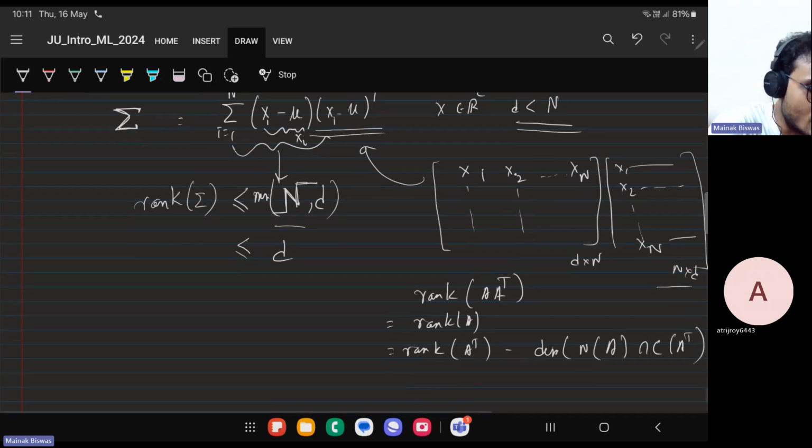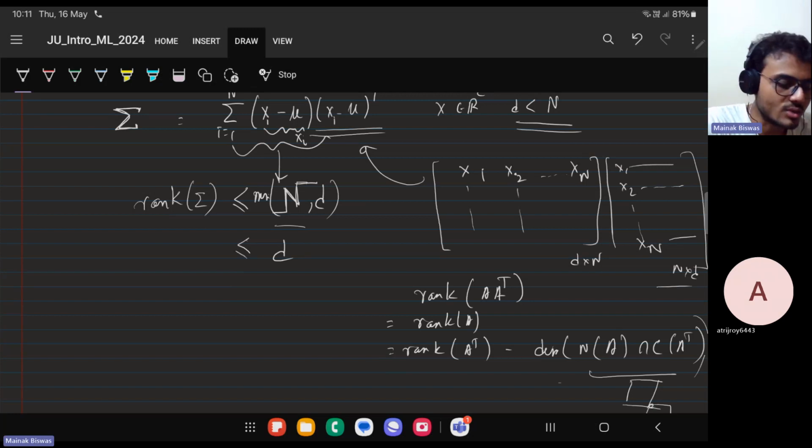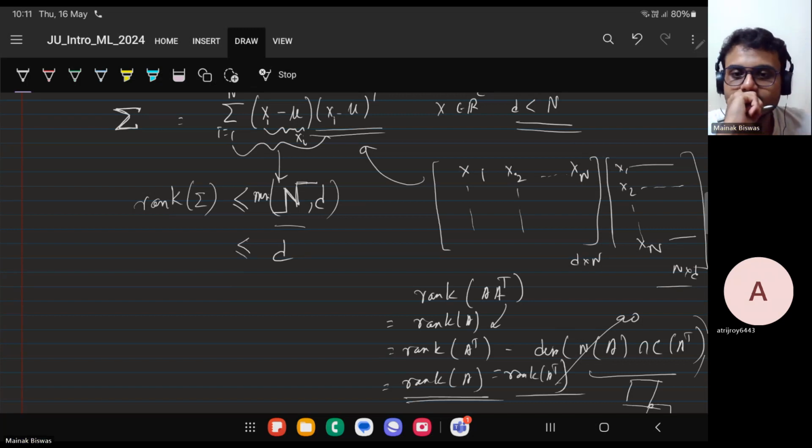And we saw that the null space of A and the column space of A transpose were non-intersecting. So this was 0, and the rank of A transpose is the rank of A. We saw that. Correct? Yes or no?